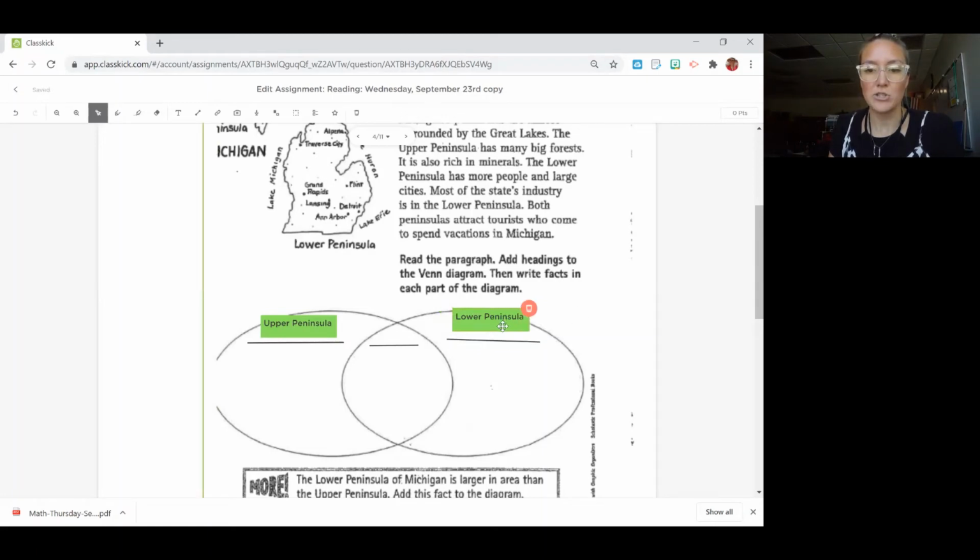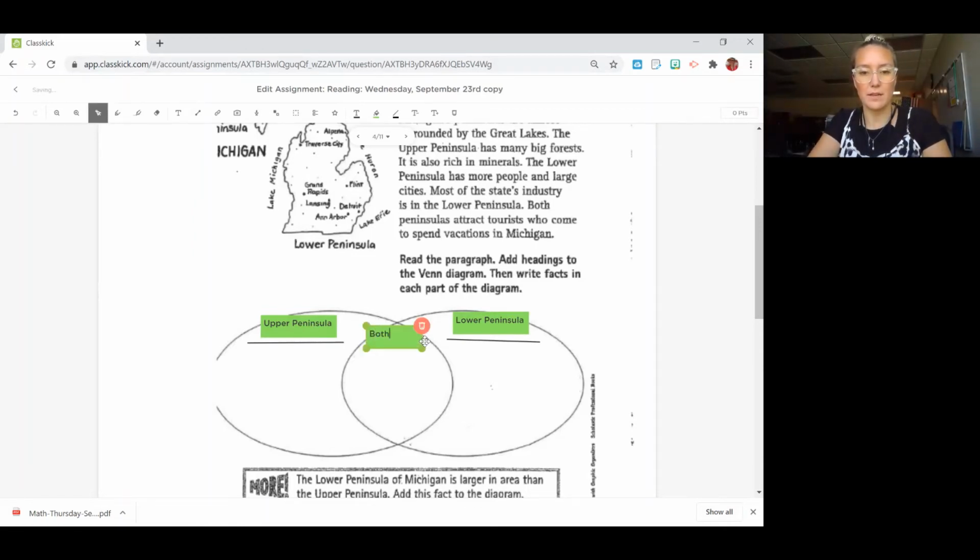Now remember, contrasting is how they are different. In the middle, we are going to compare how they are both the same. So we're going to write both in the middle.